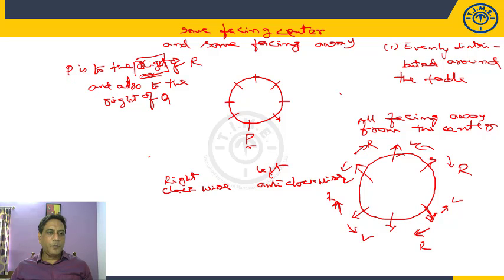Now we know the position of P here. It says that P is to the immediate right of R and also to the right of Q. How is it possible for P to be to the right of both the persons? It implies that R and Q are facing different directions. So immediate right of R and immediate right of Q is a clear indication that R and Q should be adjacent to P. One of R and Q is going to be on this side and the other on this side.